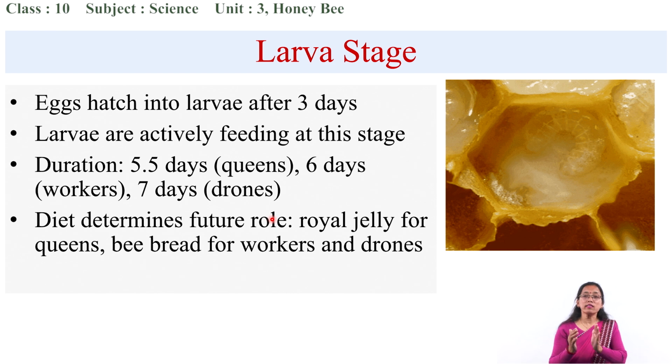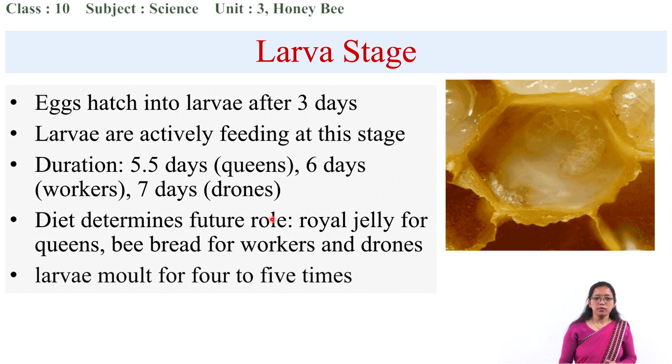That means for 3 days, all types of larva are fed royal jelly. After 3 days, if it continues to be fed royal jelly, it will become a queen bee. If it is changed to honey and bee bread, then it will become either a worker bee or a drone bee.